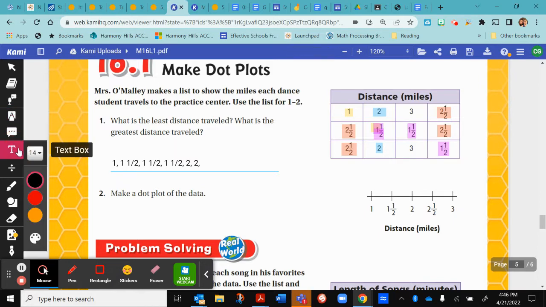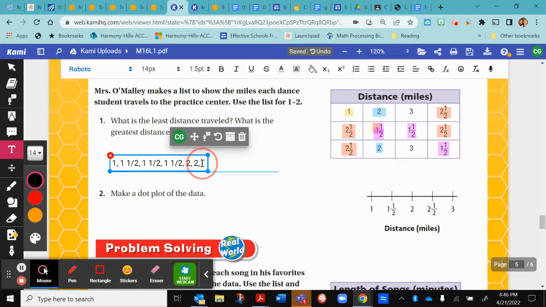So that's 1, and then I have 2, then 2 and 1/2, 2 and 1/2, 2 and 1/2, and I need one more, I believe. 1, 2, 3, and then 4.